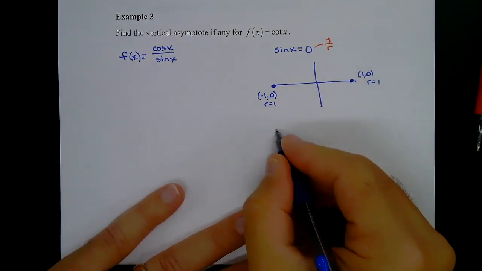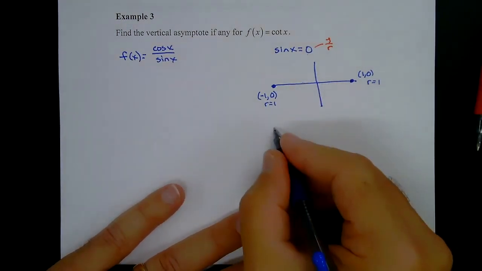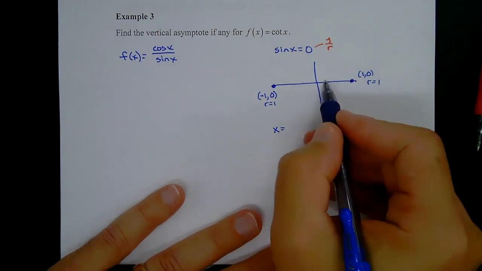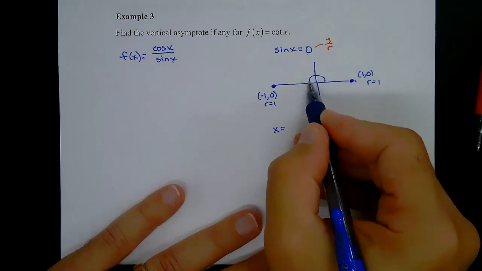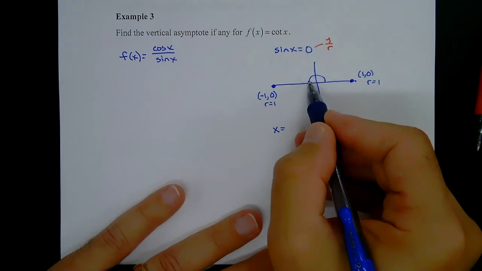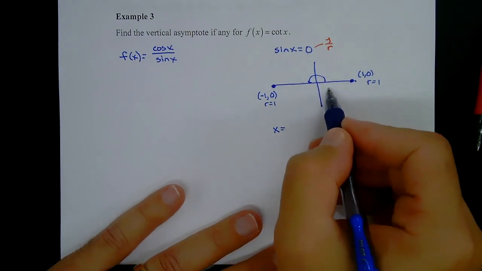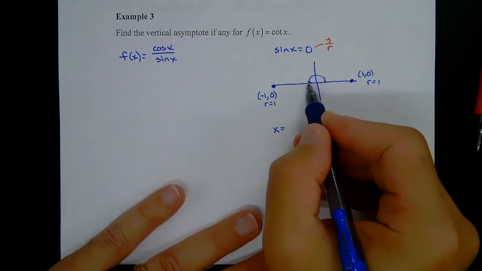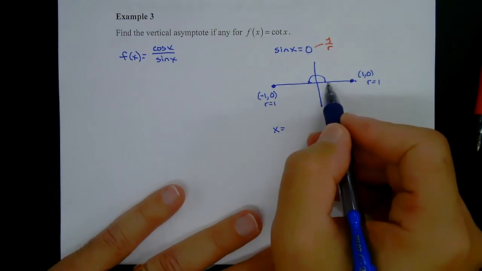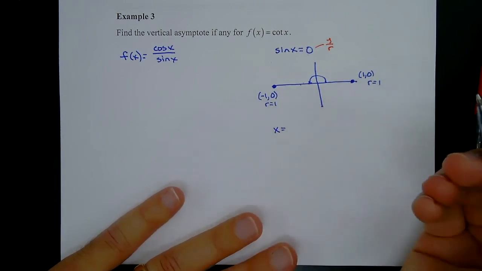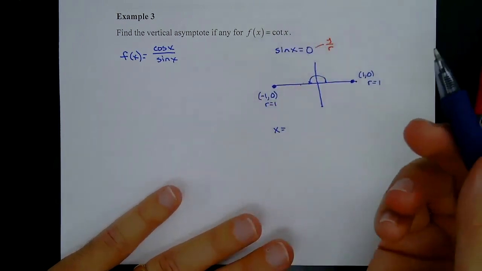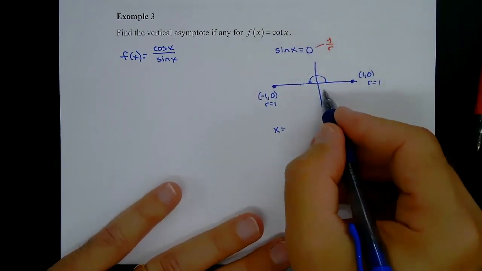All right, so here we go. What are these angle values? Well, if we're going this way, x could be 0 radians, pi, 2 pi, 3 pi, 4 pi, 5 pi, 6 pi. We could just keep going, right? Because it didn't say anything about what x could be. We could also be going the opposite direction.